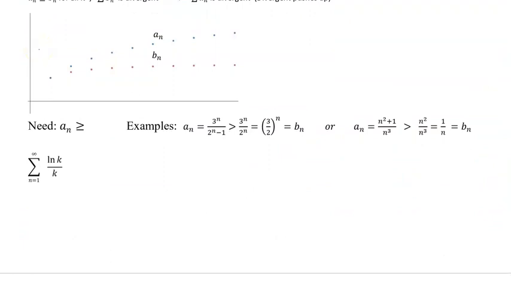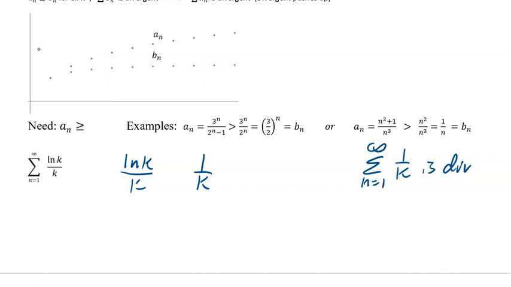Okay, so if we try this one, you can see that ln of k over k would be comparable to 1 over k. And we know that series is divergent. And you can say that it's harmonic, or you can just use the p-series test, which is p equal to 1, which is less than or equal to 1.